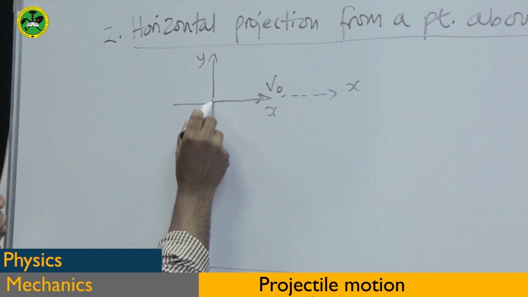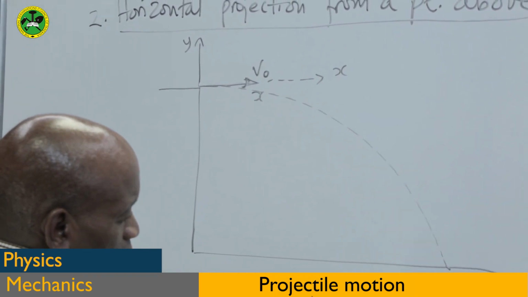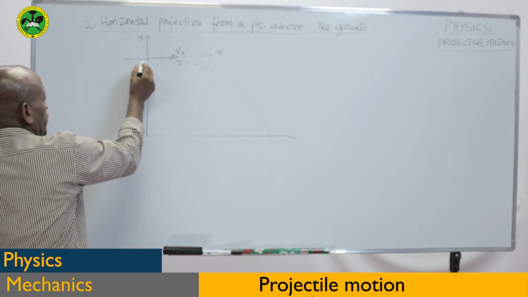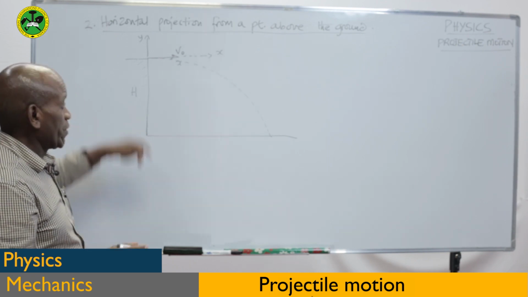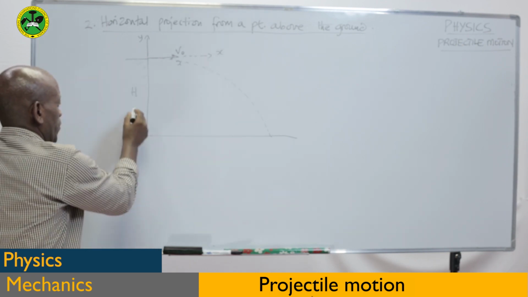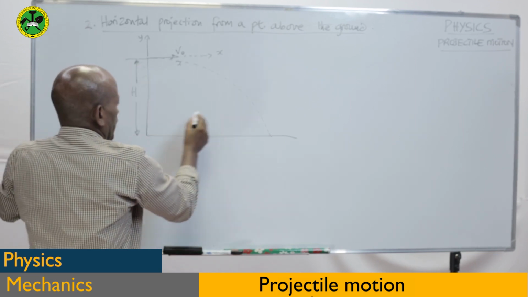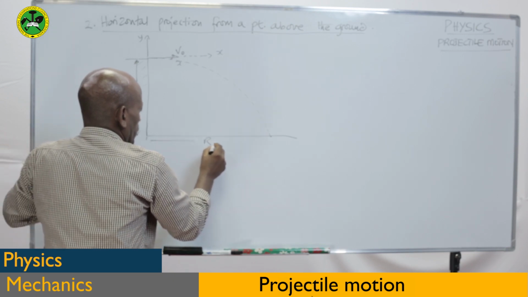The trajectory it takes will be like that until it lands on the ground. We assume that this point of projection is at a height h from the ground, and the range covered is this one here.